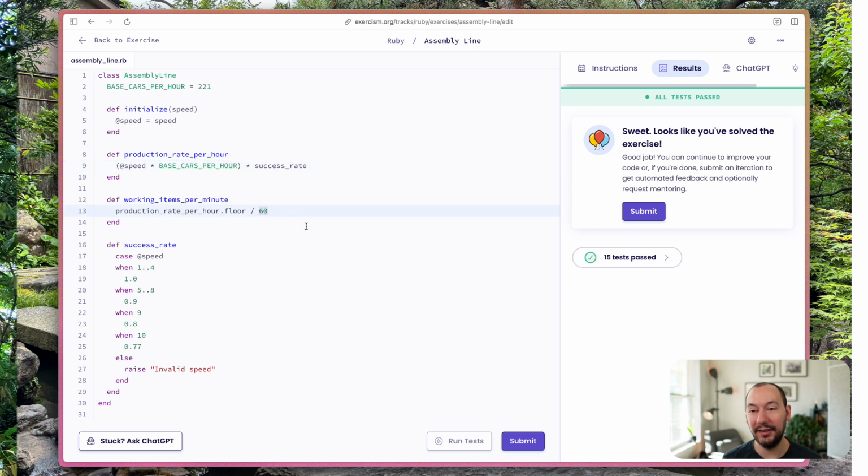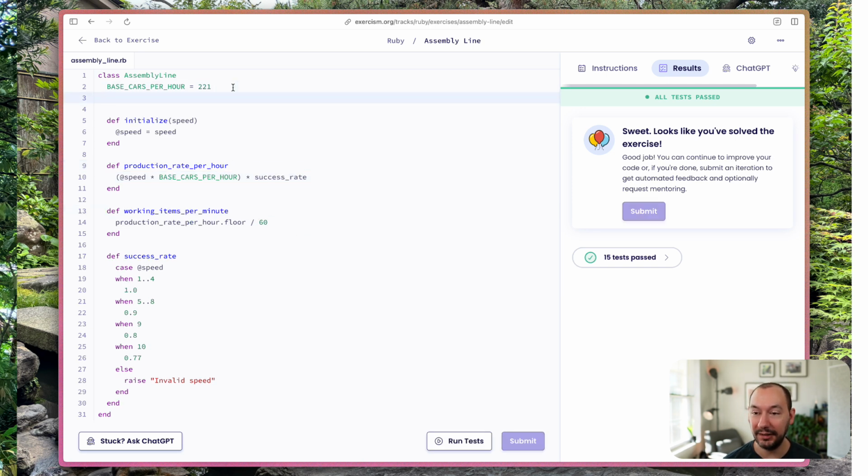And this is one that, okay, arguably may not be necessary. It feels a little tedious, right? Minutes per hour. Like, come on. We know there's 60 minutes in an hour.